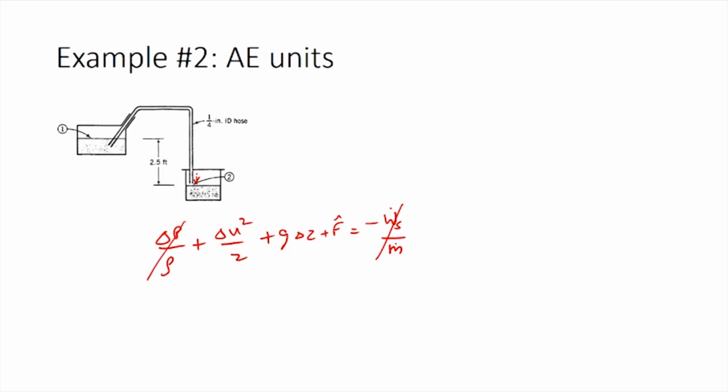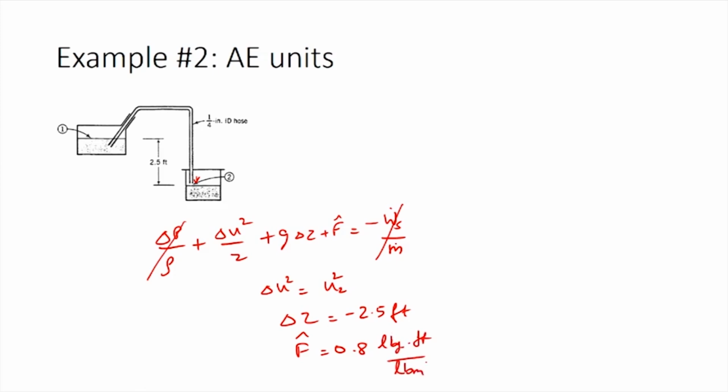Now, let us try to calculate each of these parameters. Delta u squared would be equal to u2 squared, because u1 squared is 0, and delta z is equal to minus 2.5 feet, and you have also been given F cap equal to 0.8 pound force times feet divided by pound mass.